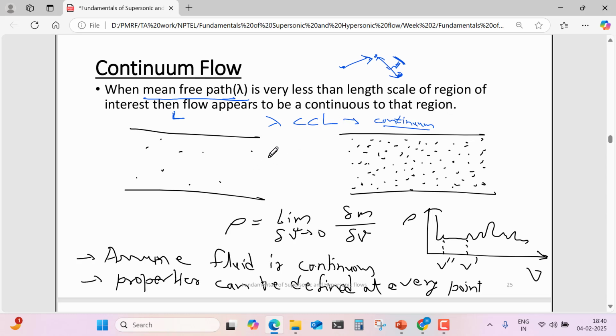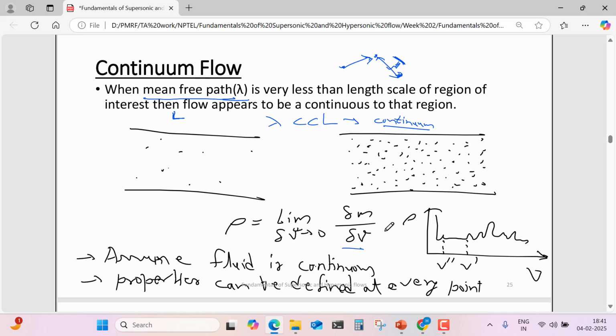So let's see this region of a space where these particles are very far away from each other. If we wanted to find the density at one point, for finding the density we have to take the limit of delta m by delta v, and delta v should tend to 0.